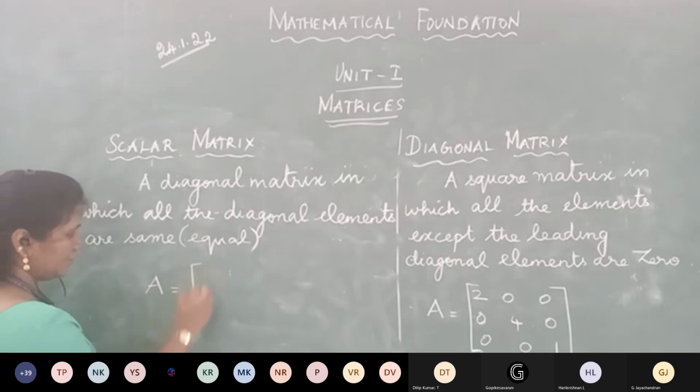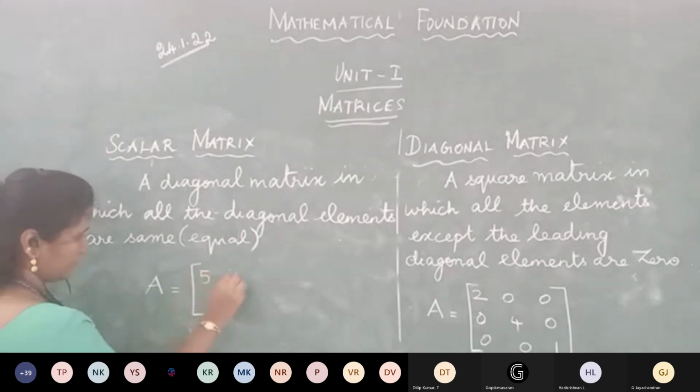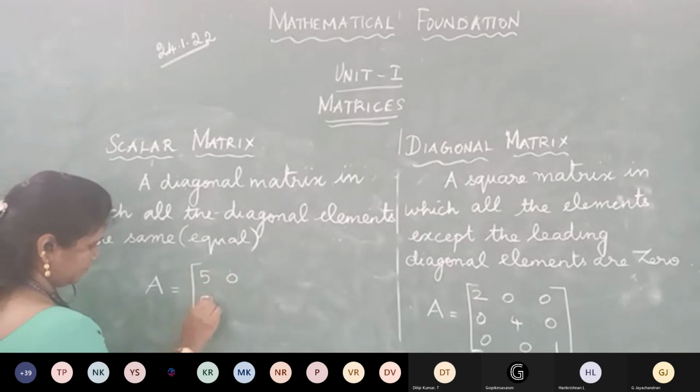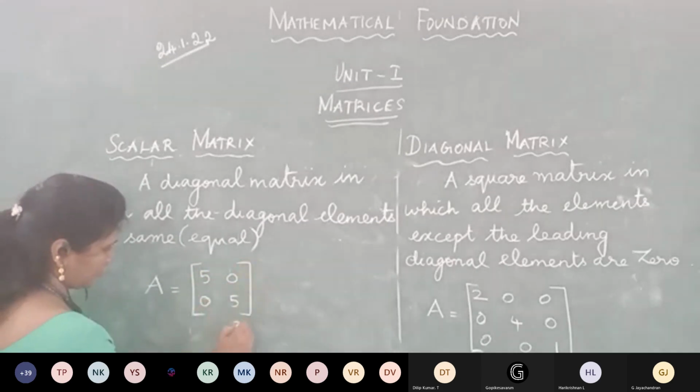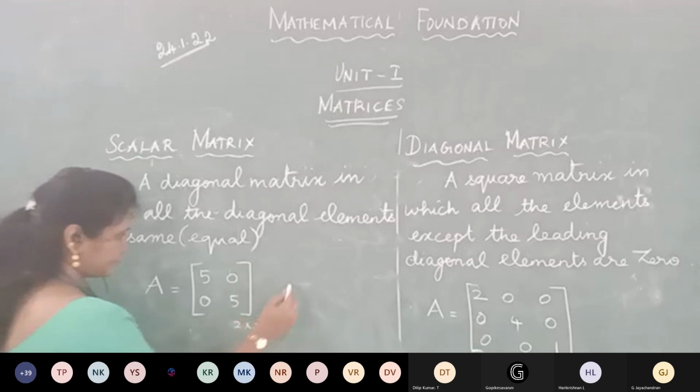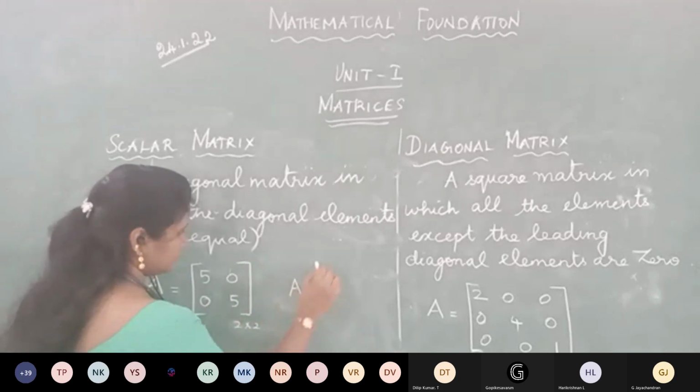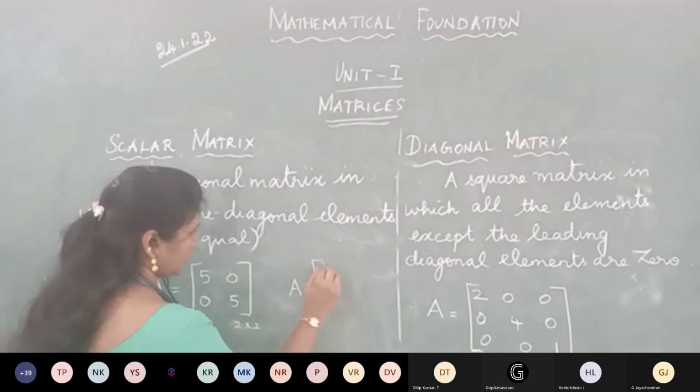So again, here I will take a 2 cross 2 matrix. I will take it as 5 0 0 5. This is the 2 cross 2. 3 cross 3 matrix.